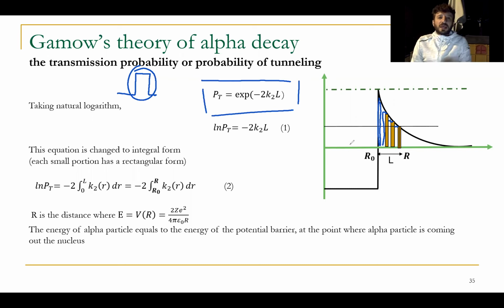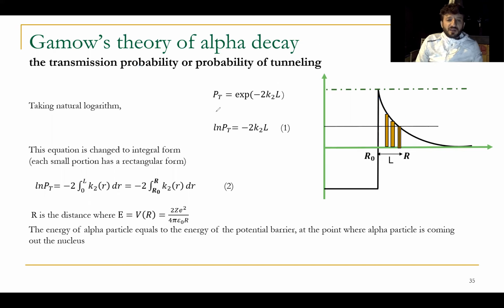So we can calculate the PT for the small potential barrier, for each one, and we do the integration to cover all the potential barrier. So how can we do it? We can say PT equals exponential minus 2 K2L.